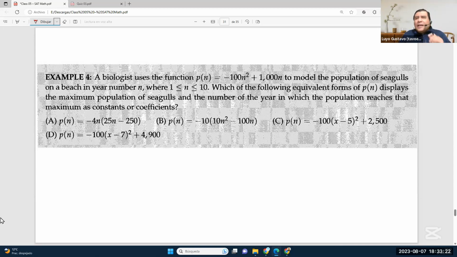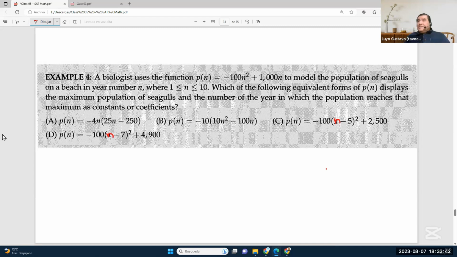I think there is a typo in the options. You can see that option A is P of n equals -4n. Everything is in terms of n in options A and B, but option C introduces x. Here there is a typo, it should be n, okay? And the same goes here, it should be n.